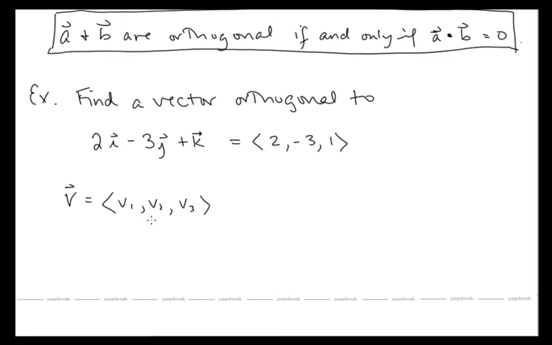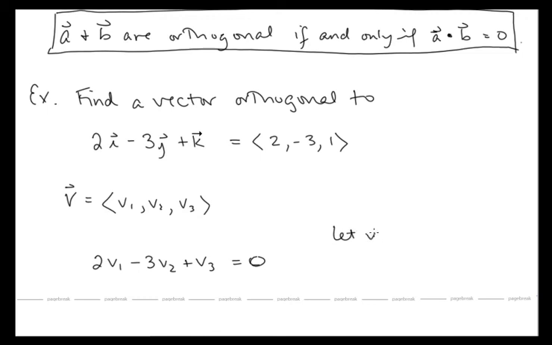My vector is v1, v2, v3. What do I need to be true about this vector? I need the dot product to be equal to 0. So we need 2v1 minus 3v2 plus v3 to be equal to 0.